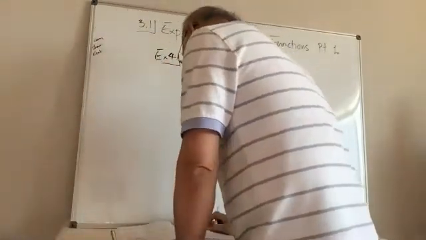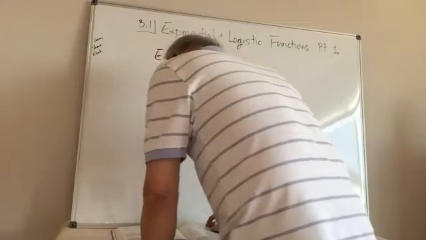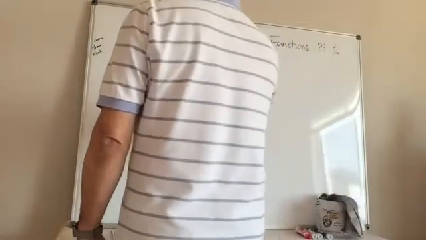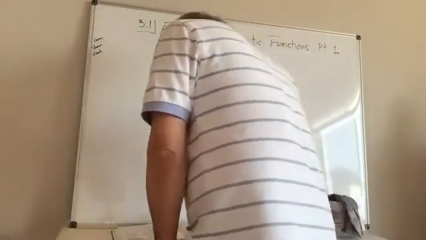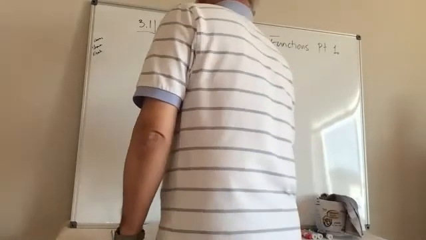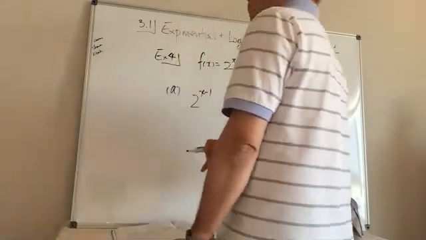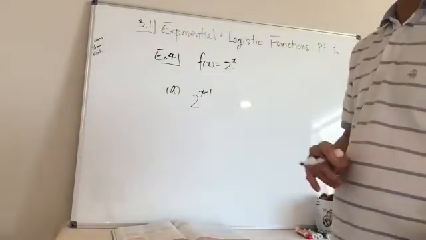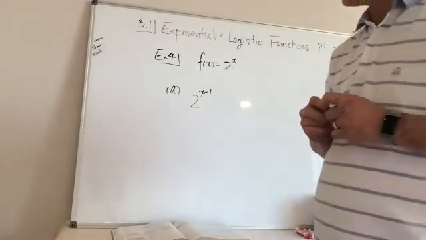Example number 4 says, describe how to transform the graph. So we're going to start with this graph, and on A, we're going to end up with a graph that looks like this. Where x was, I am putting in x minus 1.